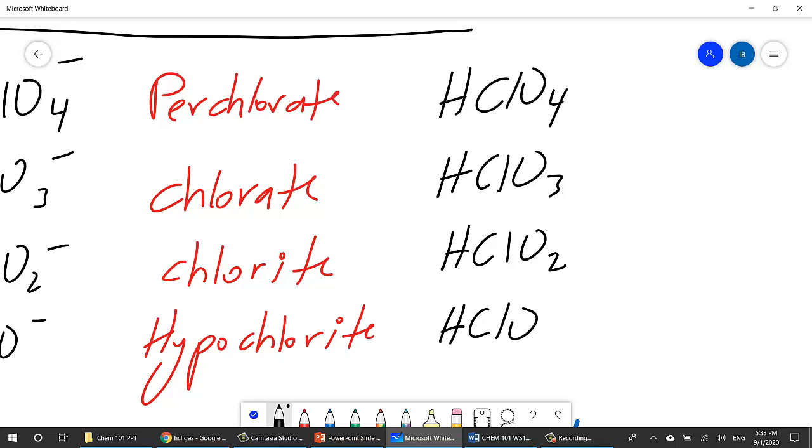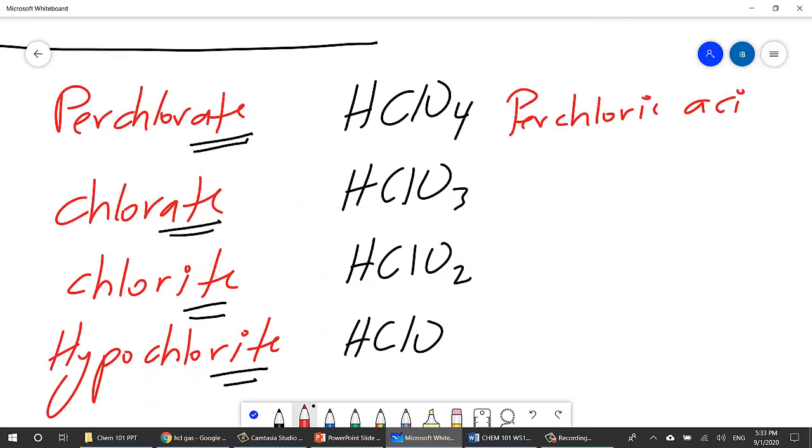So remember the rule that -ate becomes -ic and -ite becomes -ous. Okay. So if you want to name this as an acid, this is perchlorate, so this would be perchloric acid. This is a chlorate, so simply it's chloric acid. I'm just changing the -ate into -ic.